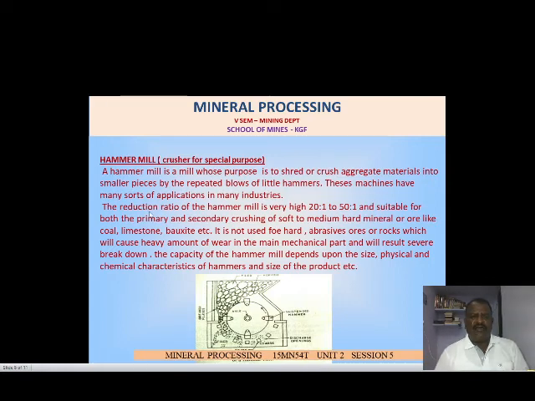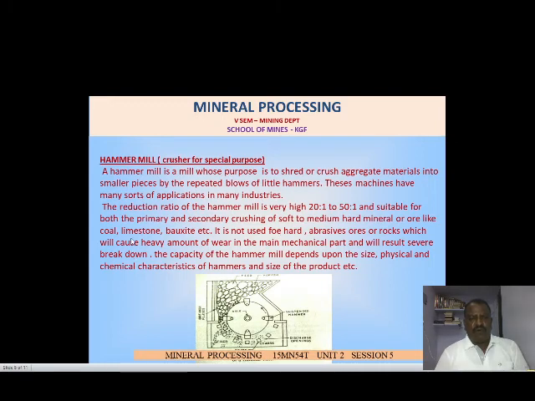This machine has many applications in many industries. The reduction ratio of the hammer mill is very high, 20:1 to 50:1, and it is suitable for both primary and secondary crushing of soft to medium material.